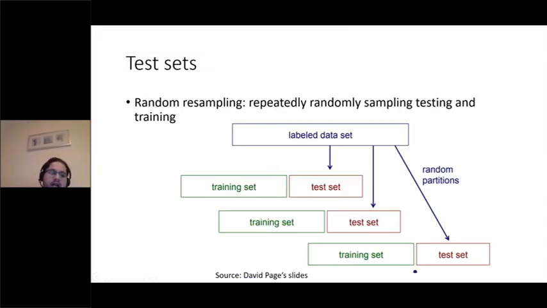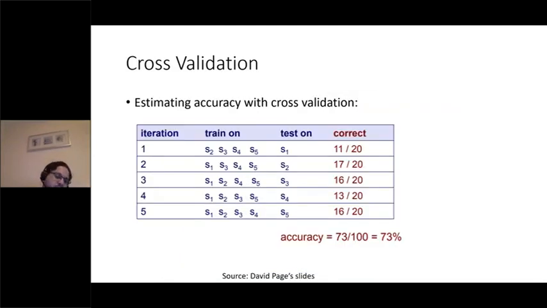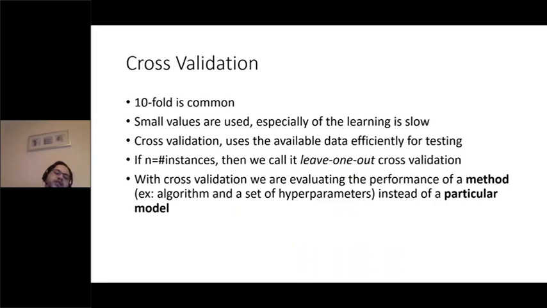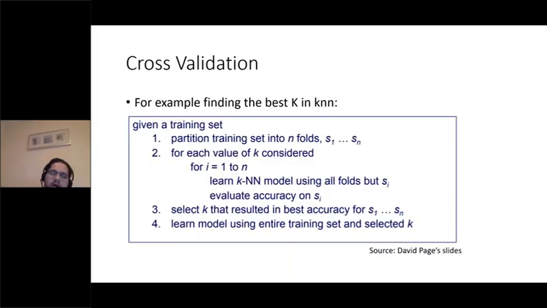The second one is cross-validation. Cross-validation can measure how good the structure is, or the method, not just the model. The model is learned after fixing the method. So it gives you some estimation of the method that you are using: KNN with a particular K, SVM with a sigma and the C. It measures this.